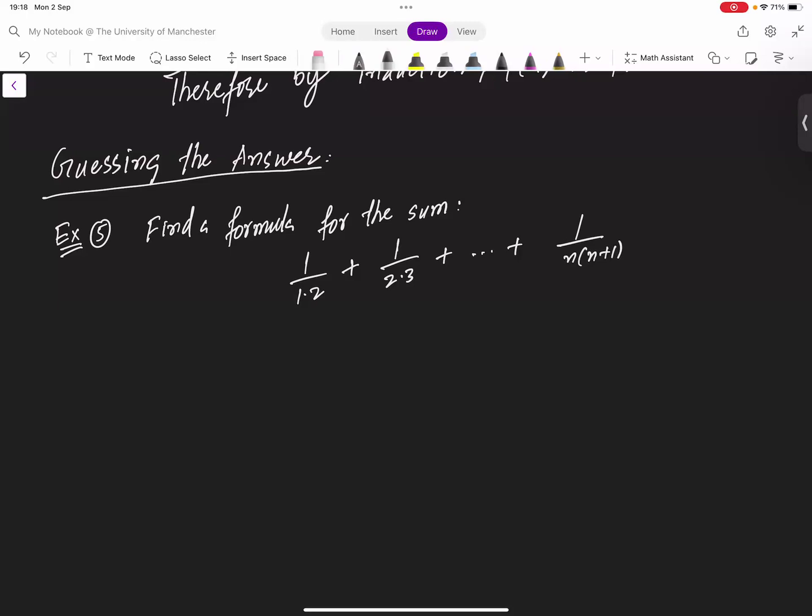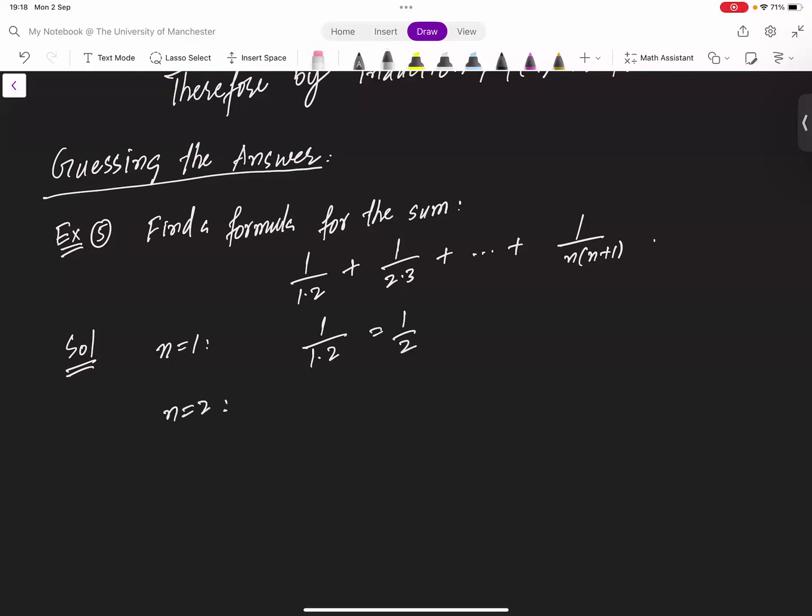Now, to answer this, we need to calculate this for a few values of n. For n equals 1, this will be 1 over 1 into 2, which is 1 half.